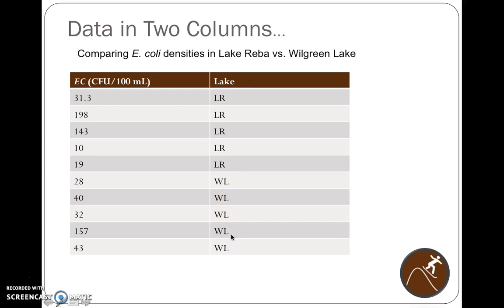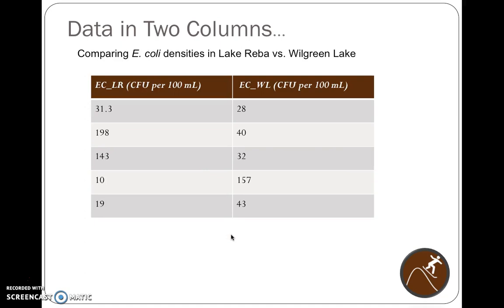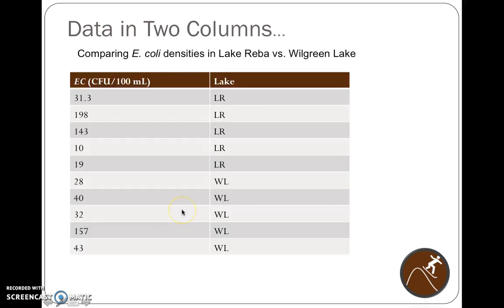That's just a couple ways of doing it. So data can be organized in two columns, like so, or they can be organized in two columns where all the continuous data are on the left side, and then your variable name or your code is on the right. So again, you can also code it as ones and zeros, ones being the Lake Reba samples, 0 being the Will Green Lake samples.